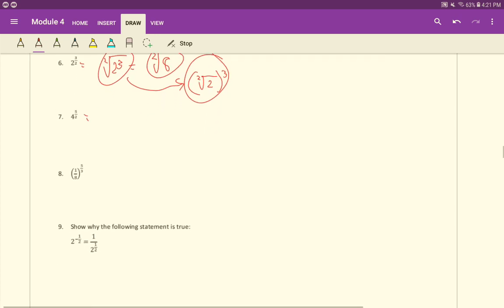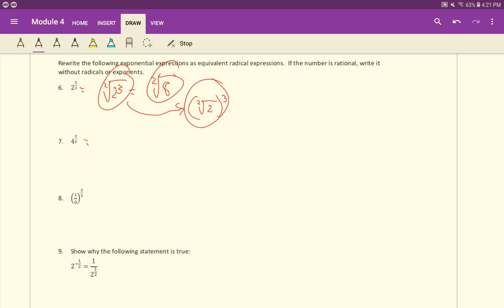All right, go ahead and try 7 and 8. See what you can come up with there. Okay, so 4 to the 5 over 2 should give you the square root of 4 to the 5th, like that, as one option, or you could also do the square root of 4, then to the 5th, like this.